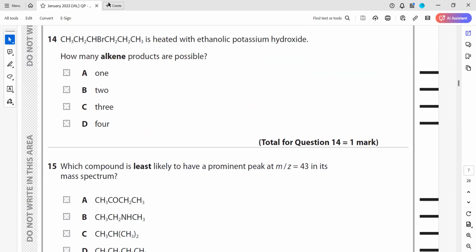Question 14. We have a halogenoalkane heated with ethanolic potassium bromide. So as a result, how many alkene products are there? Whenever there is an alcoholic substance, it will result in the formation of an alkene, like an elimination reaction. Then what could be the product? If we have CH3, CH2, then H is removed from here, or Br is removed from here, and H is removed from here.